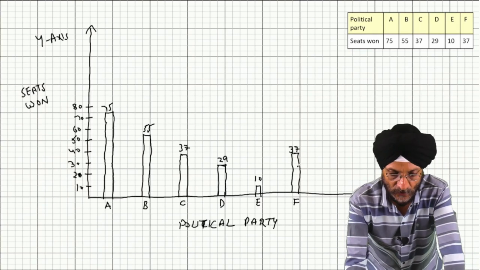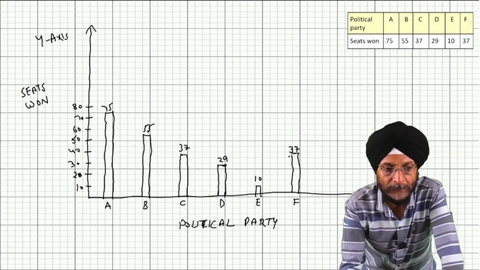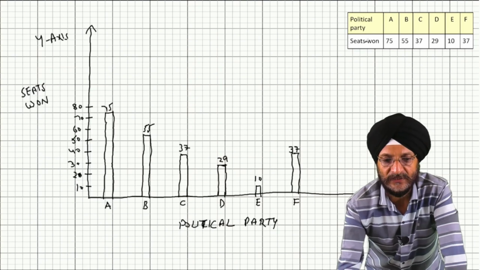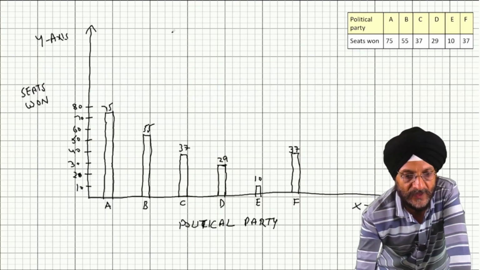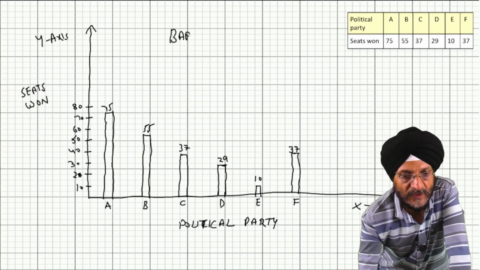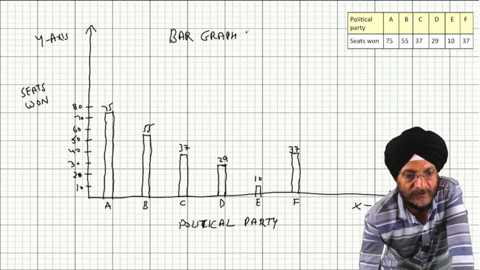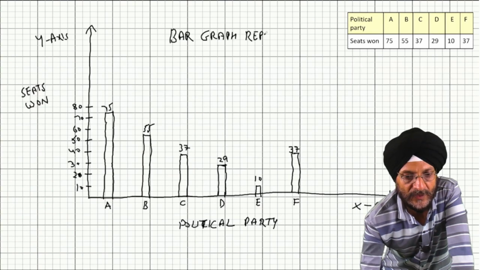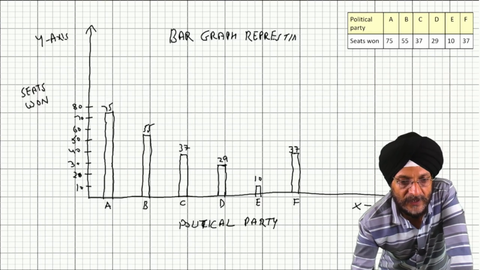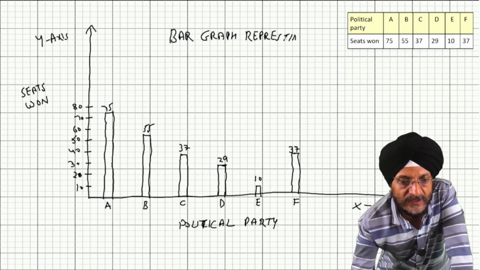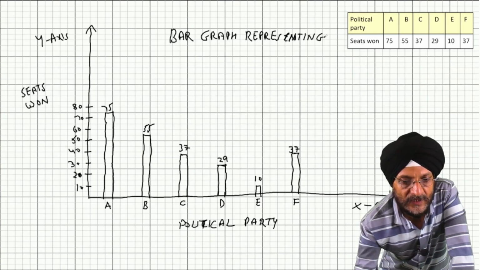So here we have so far formed the bar graph which represents the polling results. Bar graph representing poll results.